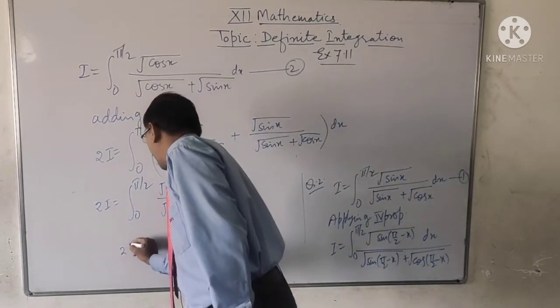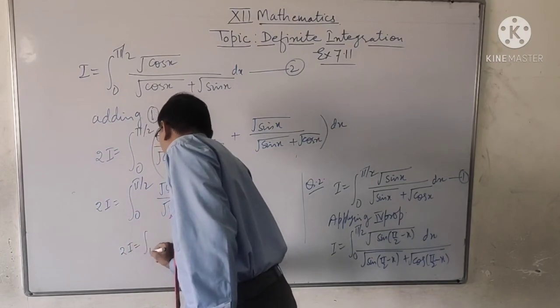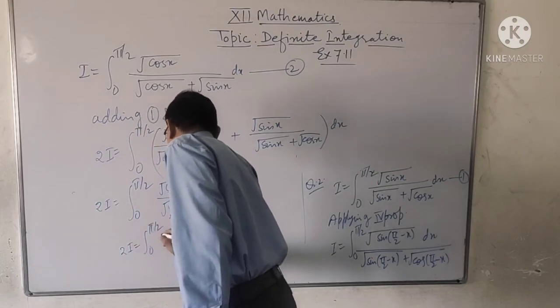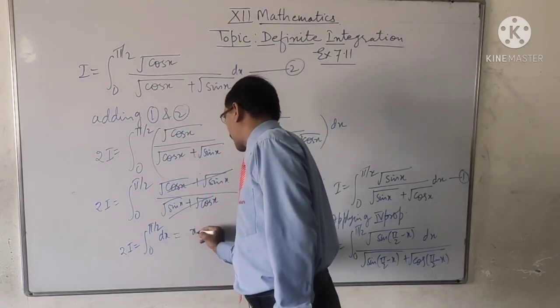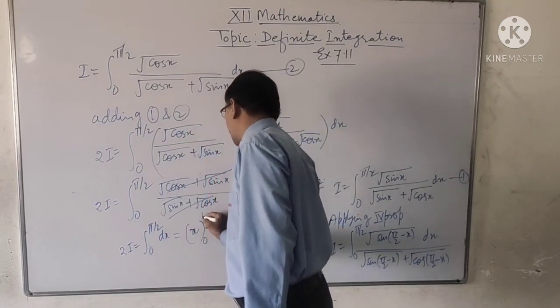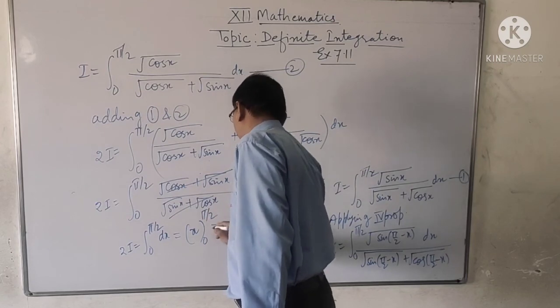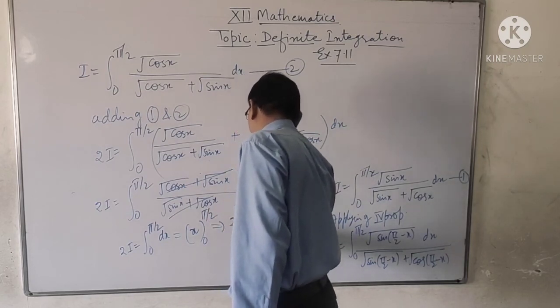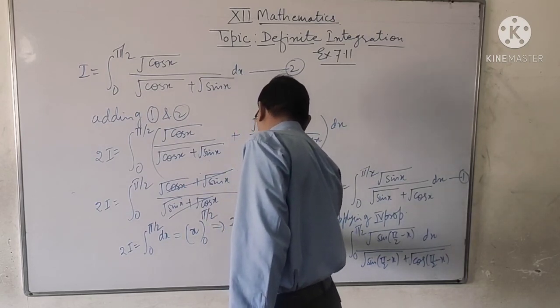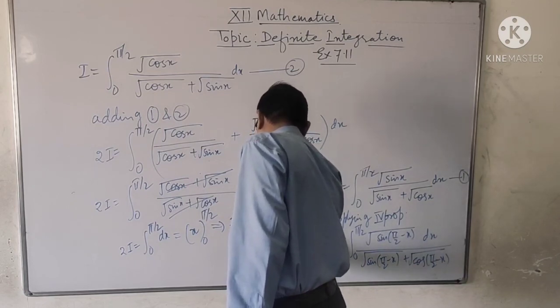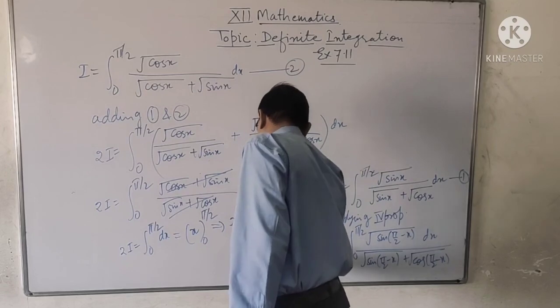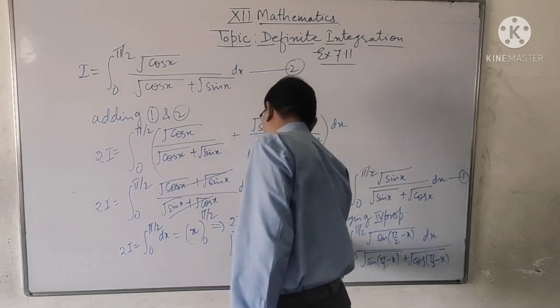So 2I is the integral from 0 to pi by 2 of dx. Now the integration of dx is x, limits 0 to pi by 2. Then 2I equals pi by 2 minus 0, or I equals pi by 4. Its answer is also the same, pi by 4.